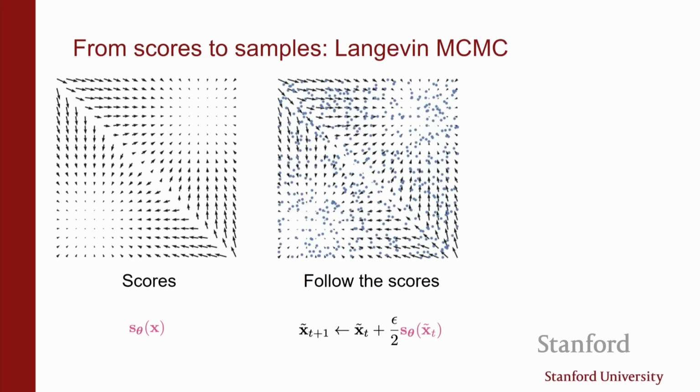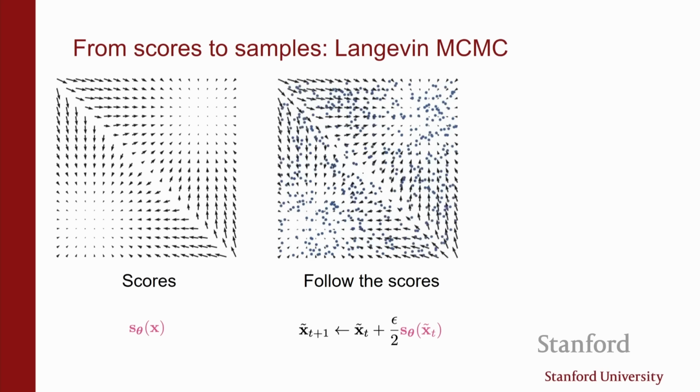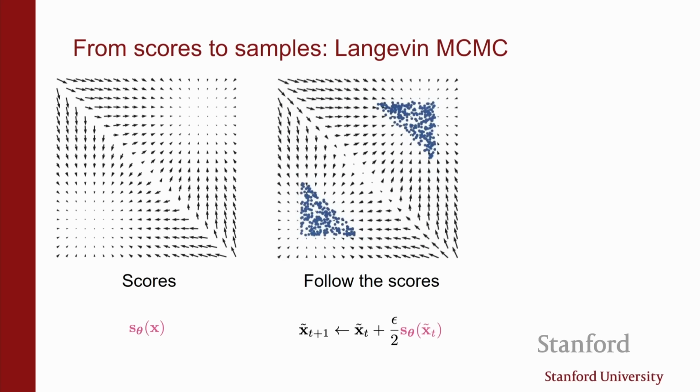Then you repeatedly take an update where you take a step in the direction of the estimated gradient. So you just do gradient ascent using the estimated scores to decide the direction. And if you do that, you get something like this, where the particles will all converge to a local maximum, hopefully, of this density.